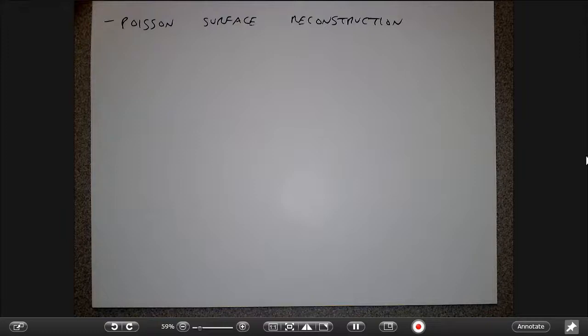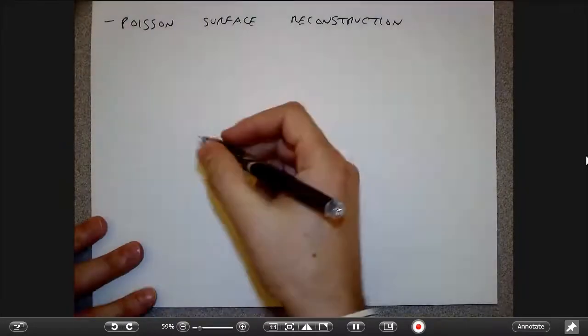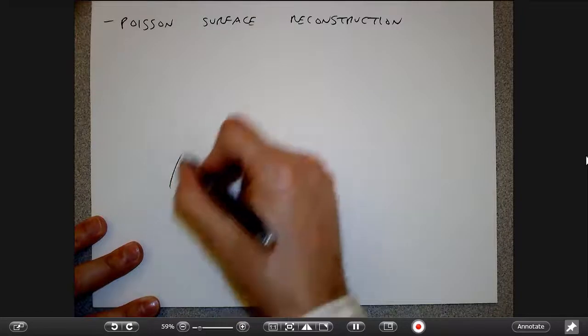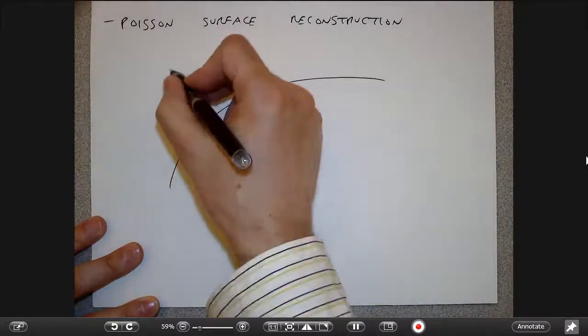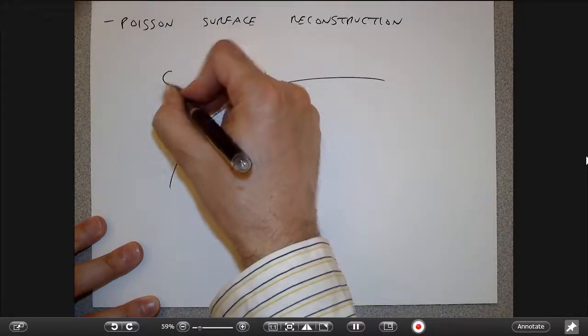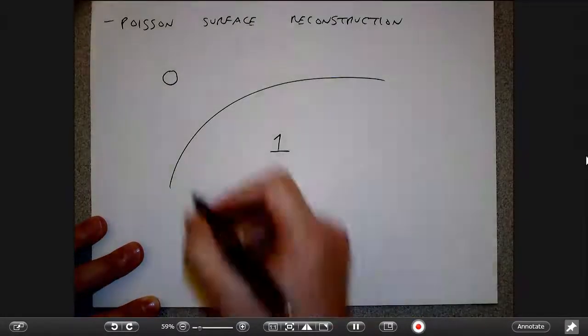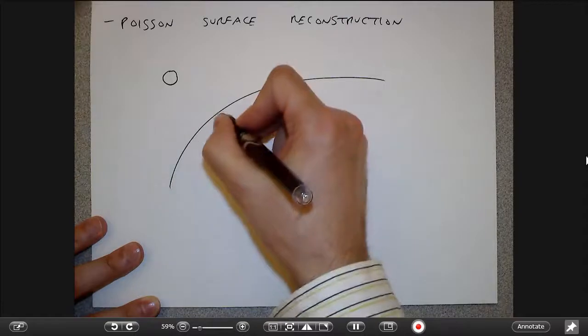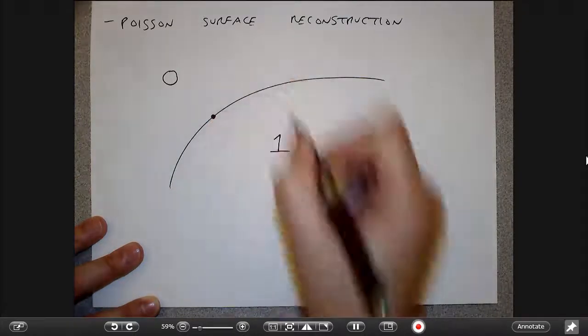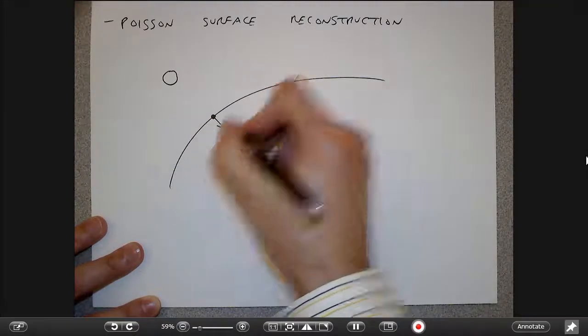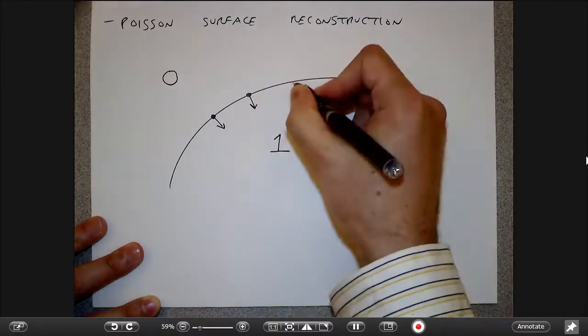The idea here is that we imagine that the 3D surface is like a boundary between a world where a functional value is 1 or 0 and a world where the functional value is 1. And so the idea is that the gradient of this function basically points in this direction, right?